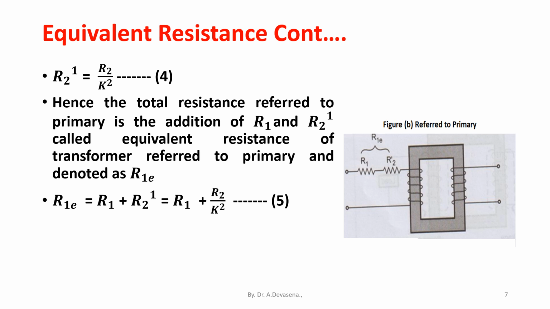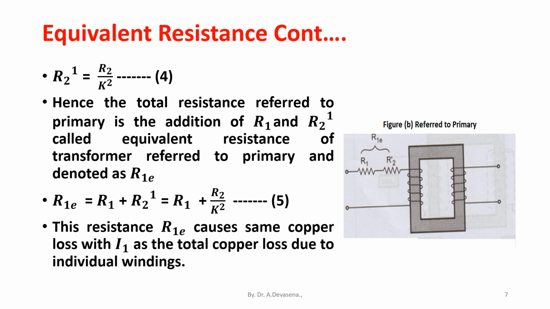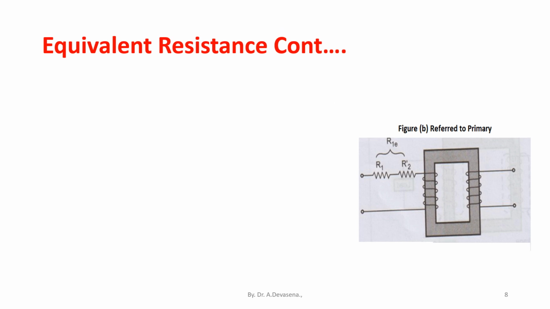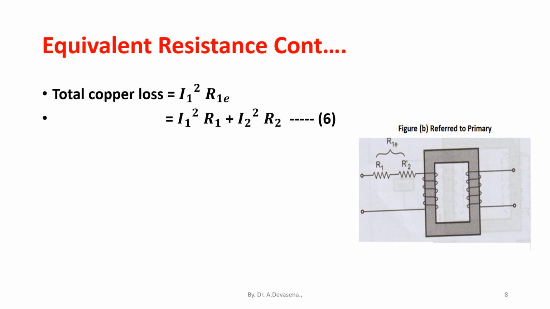The resistance R1E causes the copper loss with I1 as the total loss due to the individual windings. Total copper loss is equal to I1 square R1E. That is, I1 square R1E is equal to I1 square R1 plus I2 square R2. Consider this as equation 6.